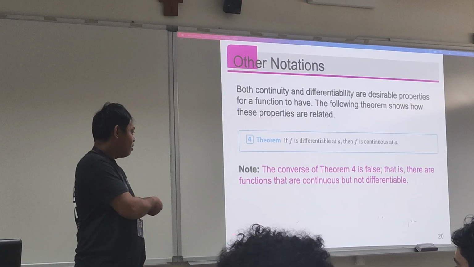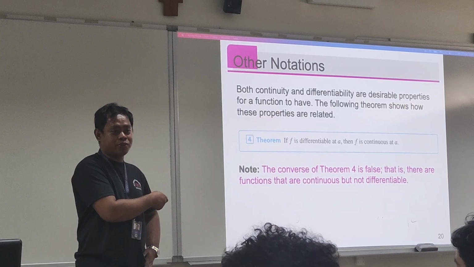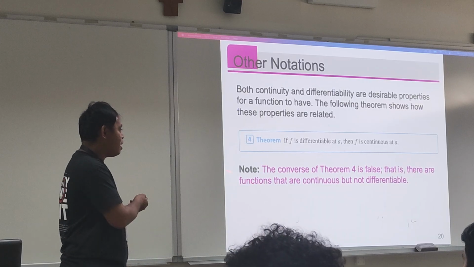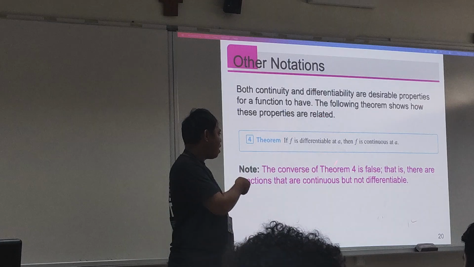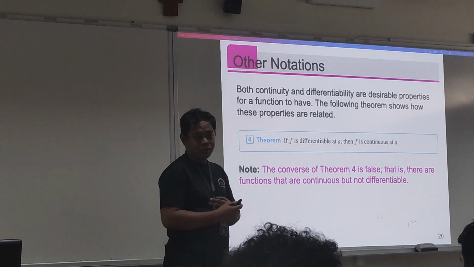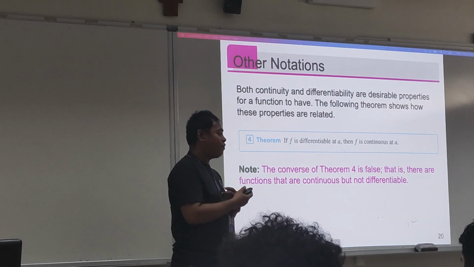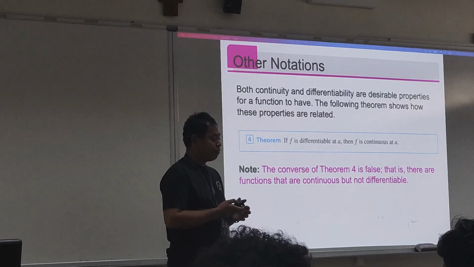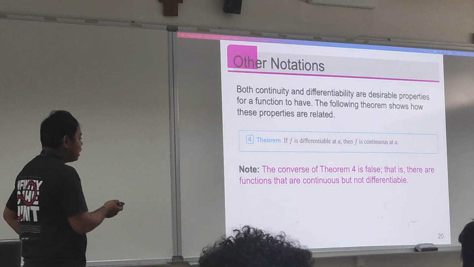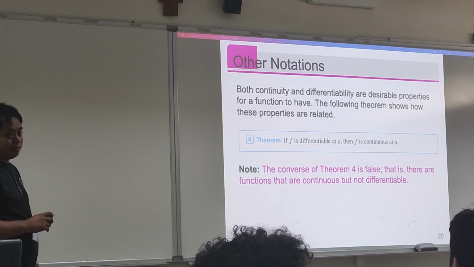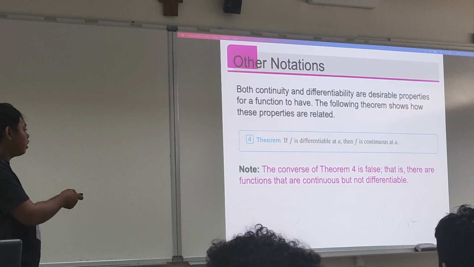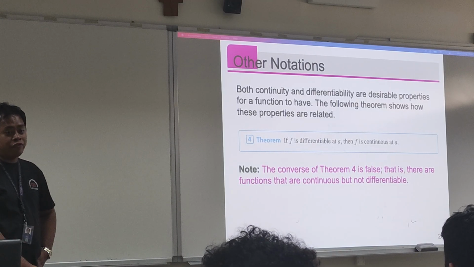But the converse of this theorem is false. Meaning, f is continuous at a does not imply that f is differentiable at a. It is not necessarily true, and you can find a counterexample: functions that are continuous but not necessarily differentiable.